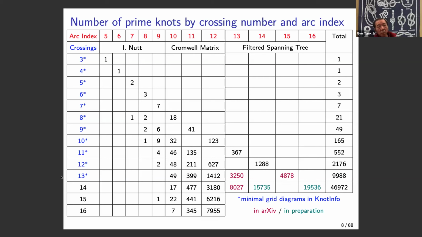Those with red numbers are published in arXiv, and those numbers in green, we are still preparing articles.